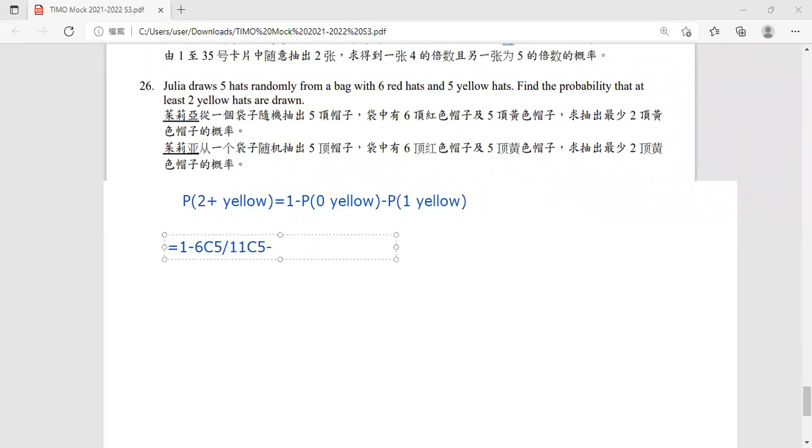Minus exactly 1 yellow hex, which is 6C4 times 5C1 over 11C5. Which equals what?